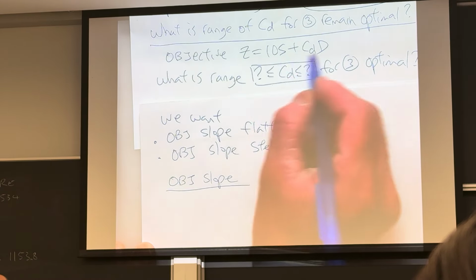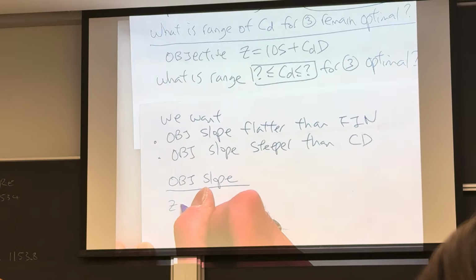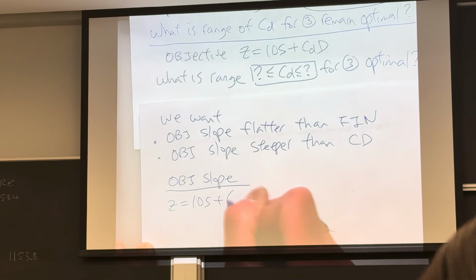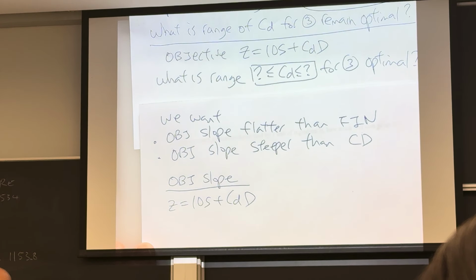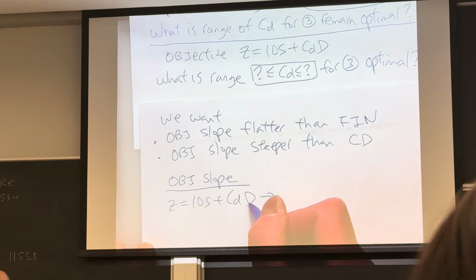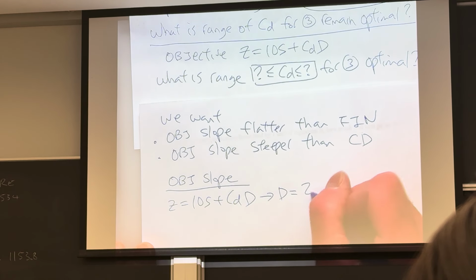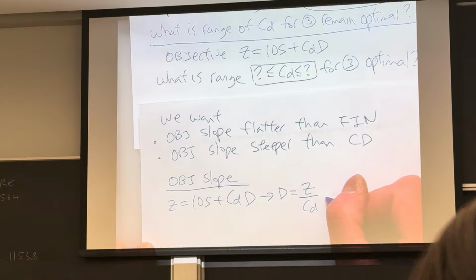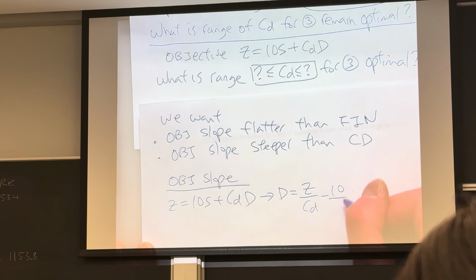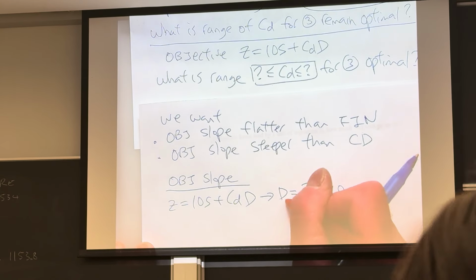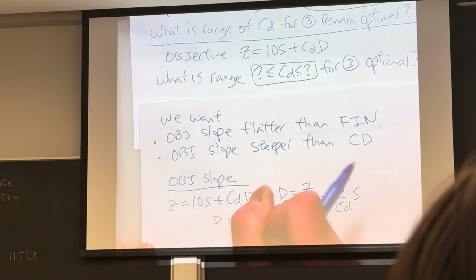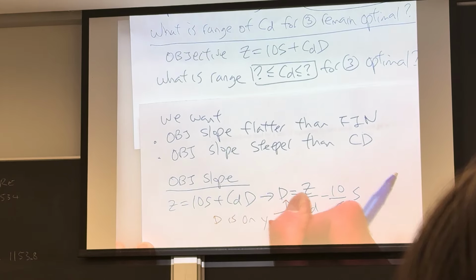So the new objective is this. And because D is on the y-axis, we have to still rewrite it in terms of D. Okay, so we still rewrite it on D because D is on the y-axis.